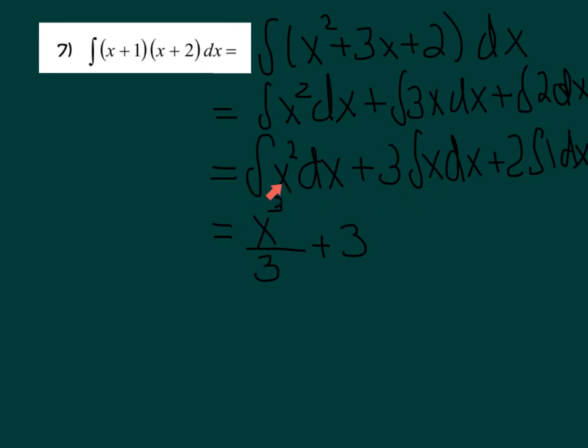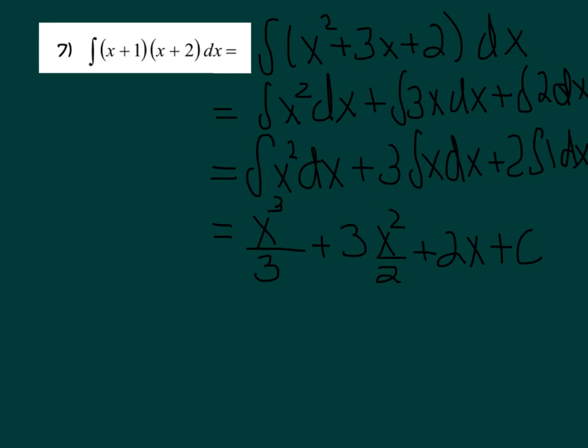We have to add 1 to the exponent and divide by that addition of the exponent. So what I'm going to do here is x squared over 2. And then plus 2 times the integral of 1 times dx. But the integral of 1 times dx equals x. So this integral becomes only 2x plus the constant.